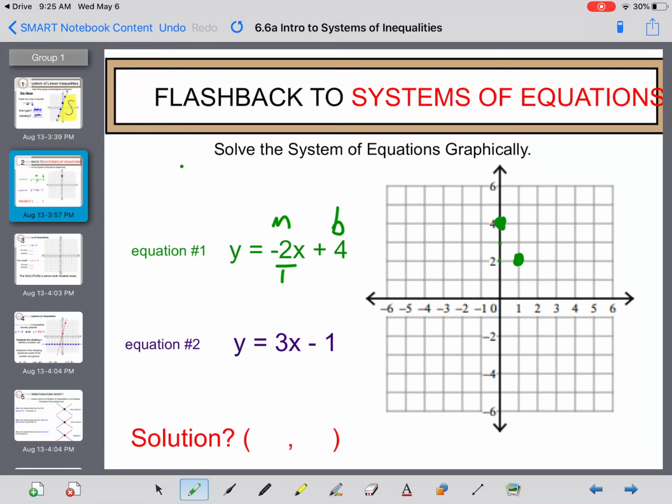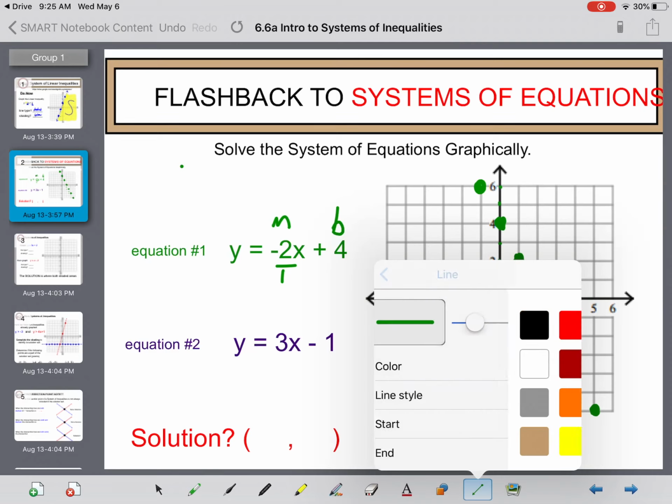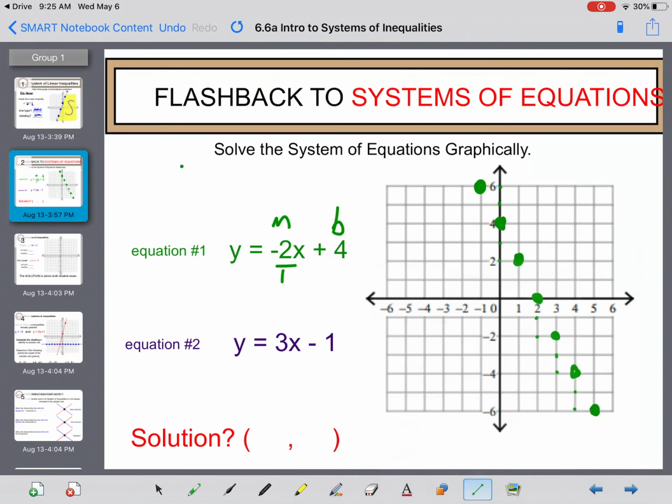Start at 4, and our slope says down 2 over 1. There's our first line.